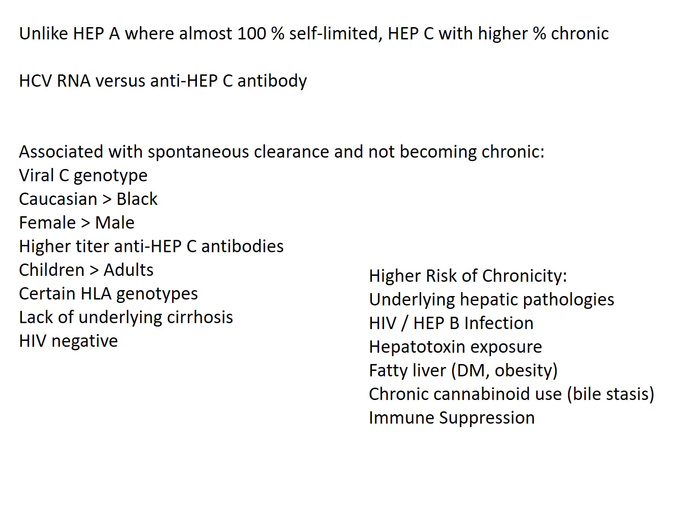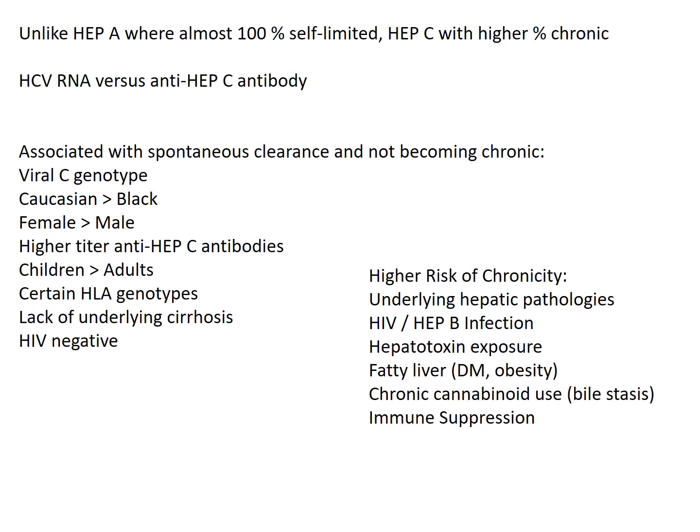We can screen those individuals by looking for the hepatitis C RNA or looking for antibodies against the hepatitis C virus. Some individuals are going to have a higher ability to clear that hepatitis C and not go on to a chronic infection, and some individuals are going to have a higher risk of going on to chronic infection. So take a look at the differences between these two different lists.